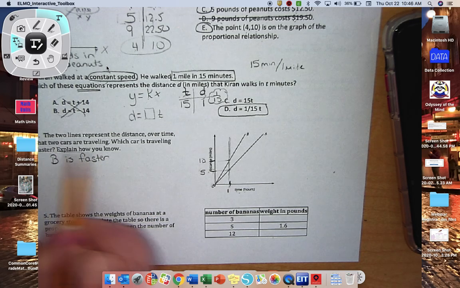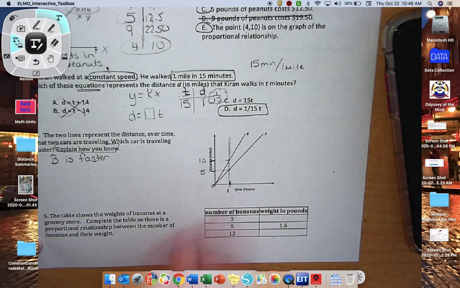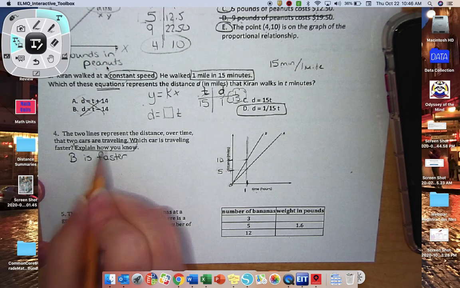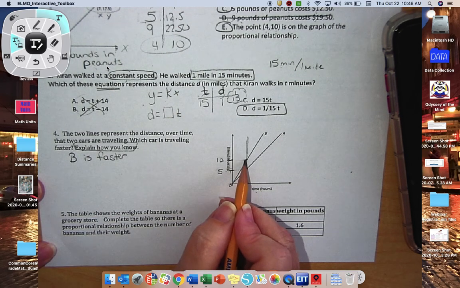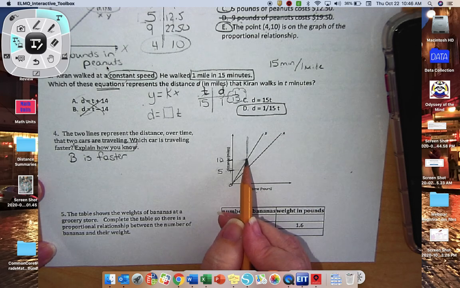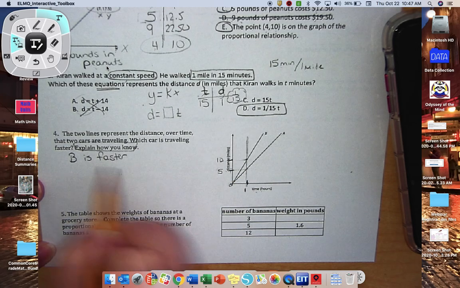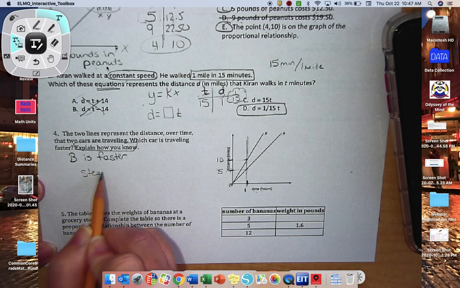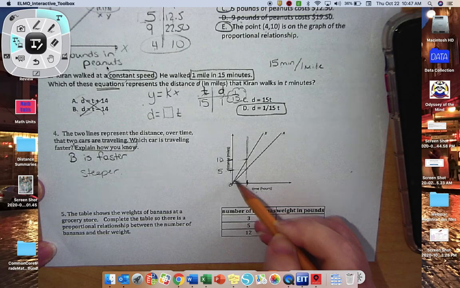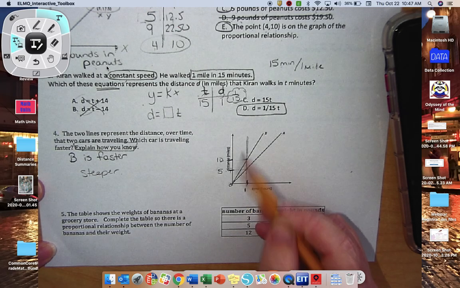And it says explain how you know. Remember when we were talking about lines and which one is steeper? So car B is faster because, first of all, it's going to travel further in the same amount of time as A's, all right, so further, but it's also steeper. Its graph is steeper. That means it's more upright. So the more upright that this line is, the faster it's increasing, meaning the further that they're traveling.